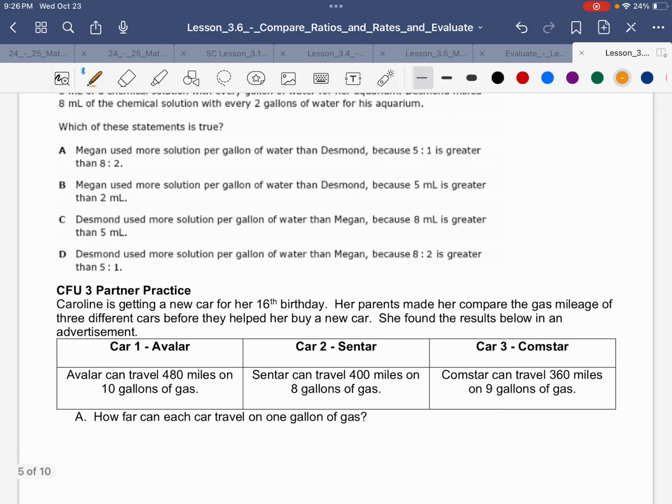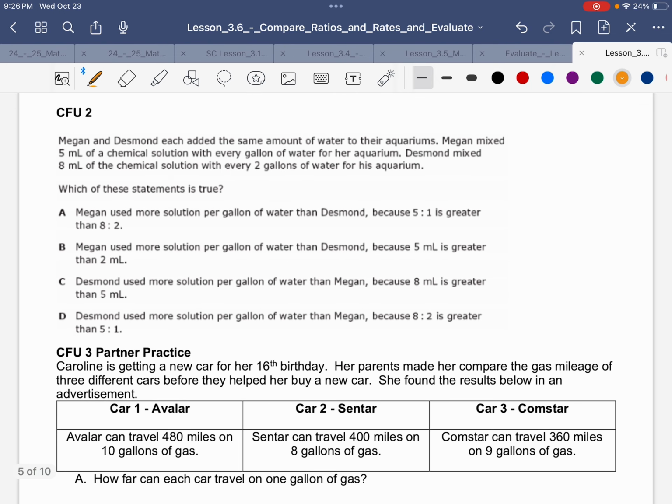All right, CFU 2. Megan and Desmond each added the same amount of water to their aquariums. Megan mixed 5 milliliters of chemical solution with every gallon of water for her aquarium. Desmond mixed 8 milliliters of chemical solution for every 2 gallons of water for his aquarium. Which statement is true?